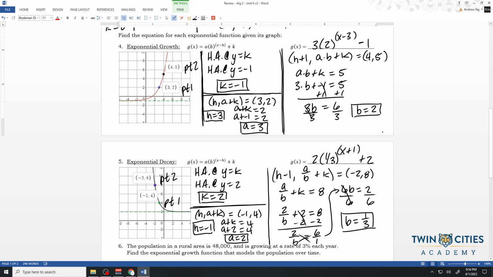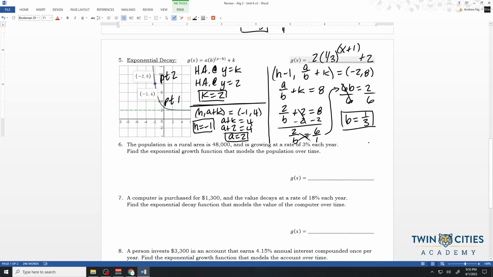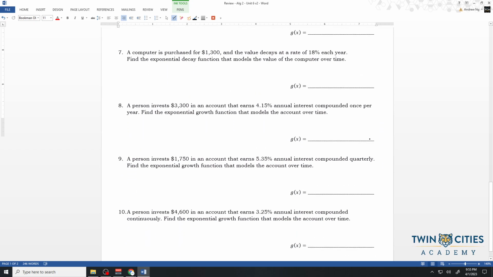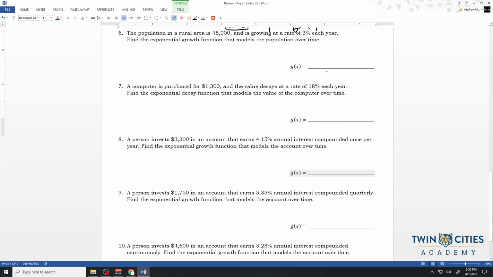All right, halfway there. Second half goes by a little bit quicker. For the second half, this is problems 6, 7, 8, 9, and 10. I'm just trying to find a function given the information. So for number 6, I've got the population in a rural area is 48,000 and is growing at a rate of 3% each year.